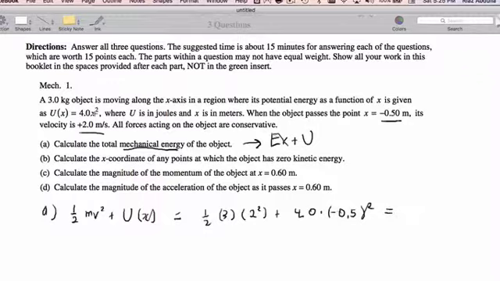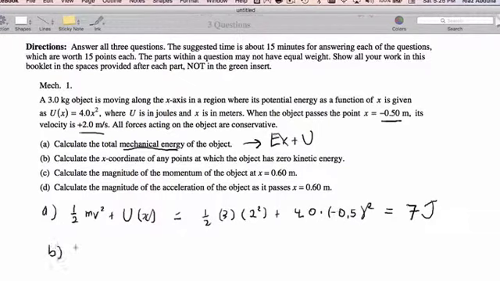But since energy is conserved, that total number is never going to change. So we can then just say that our total energy ends up being 7 joules when we add this up. Now it says calculate the x-coordinate of any points at which the object has 0 kinetic energy. So let's be clear on how that works.